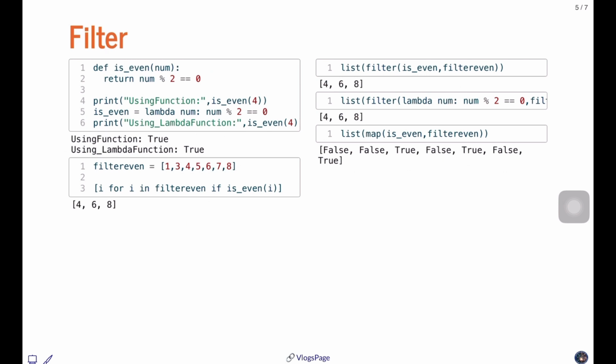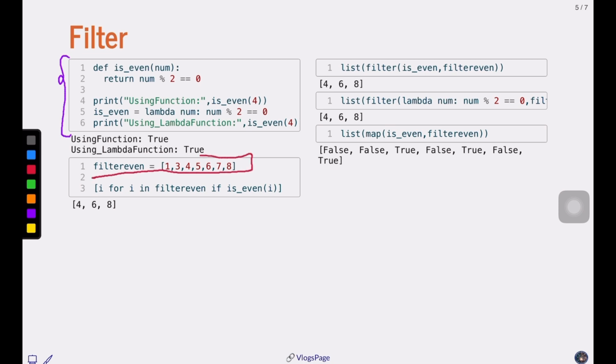Now let's jump into filter. Say, for example, we have seen this example in our previous episode, where we want to identify whether a given number is even or not. Say we want to filter even numbers from this list. How do we do that?